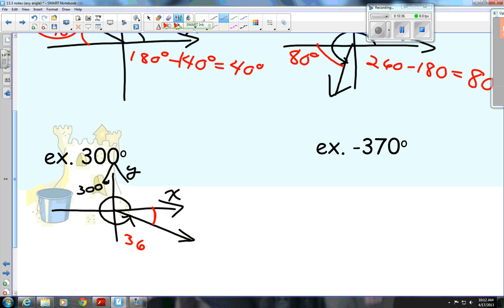So I say 360 minus 300 gives me 60 degrees. So if you're in quadrant 4, you're going to be relative to the 360 degrees, or the 0, as the case may be. Now, you notice I didn't do an example from quadrant 1, because if it's a positive angle less than 360, it's just going to be that angle. Okay? Questions about those? Okay.